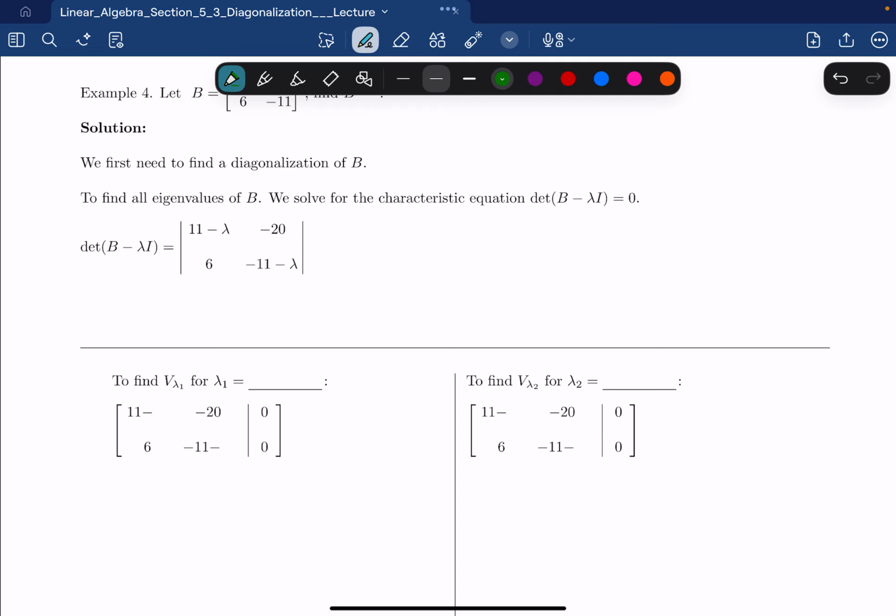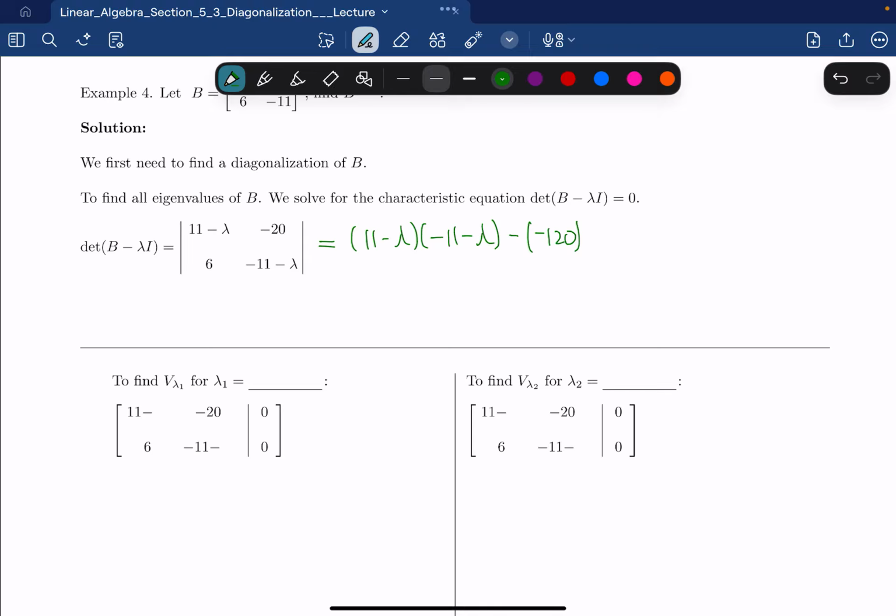The characteristic polynomial is the determinant of 11 minus lambda, negative 20, 6, negative 11 minus lambda. This is going to give us 11 minus lambda times negative 11 minus lambda. Don't forget the minus. Negative 20 times 6 is negative 120.